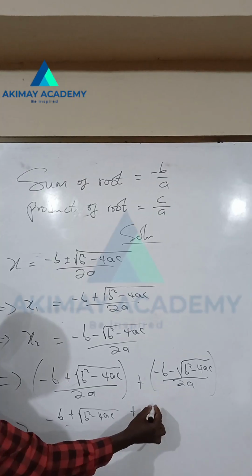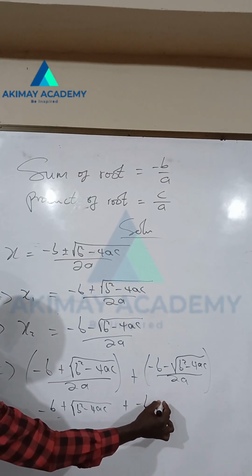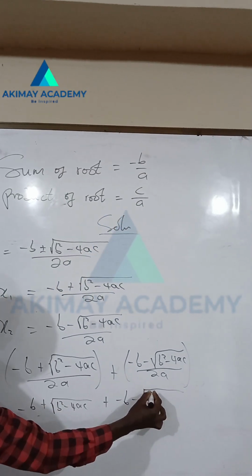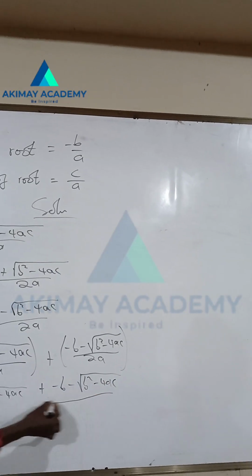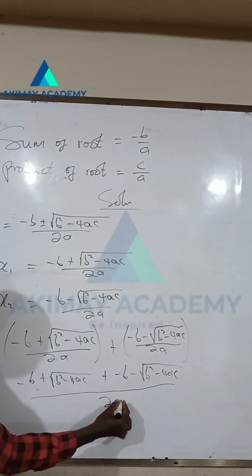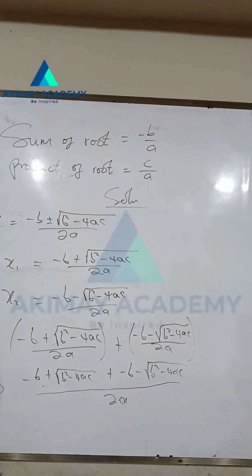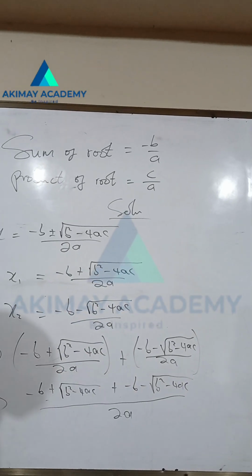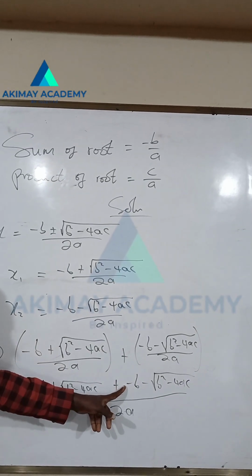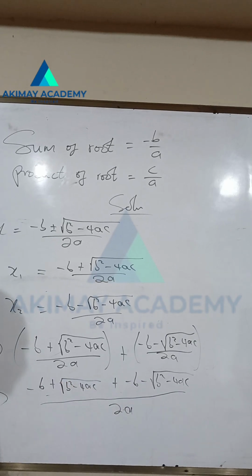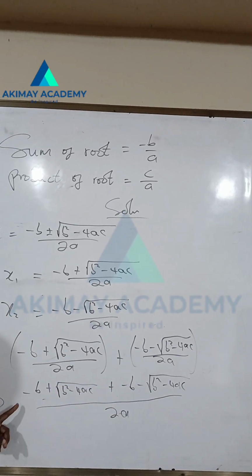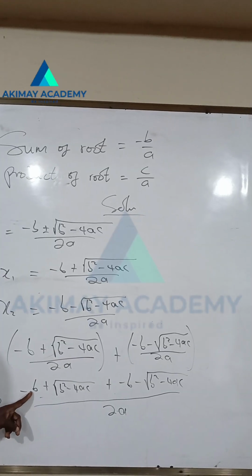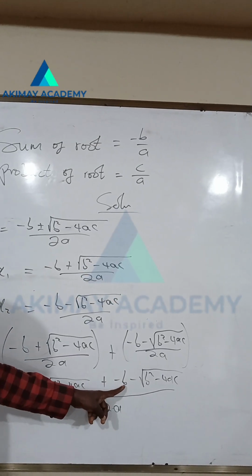Then we have minus b minus square root of b squared minus 4ac, all out of 2a. Okay. So we are putting them together. When addition and subtraction meet, subtraction takes over. So over here we have minus b minus b.